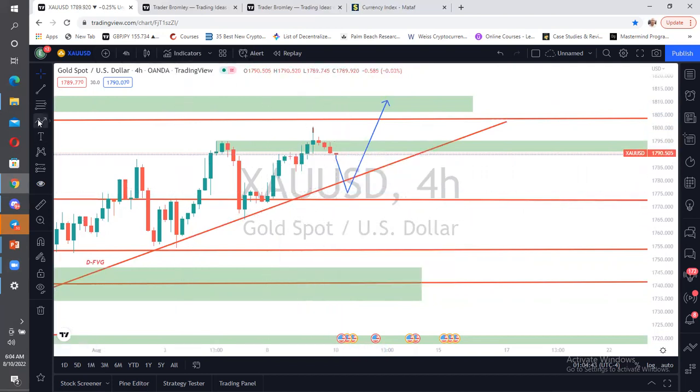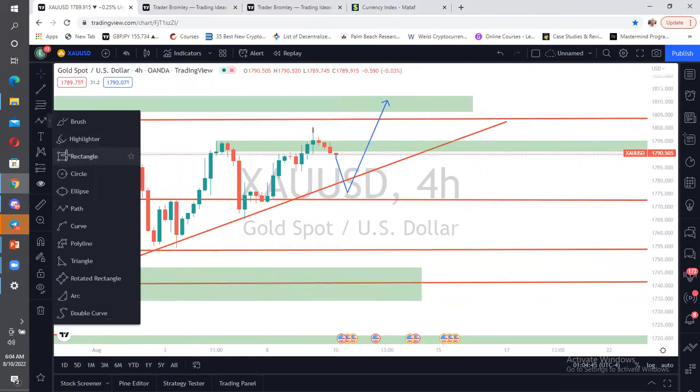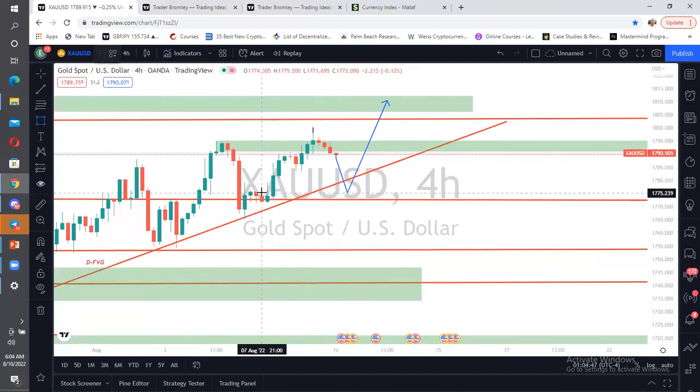This is what I was expecting from this particular pair. I'd like it to come down here, then flush this particular up here to this level. This is what I was expecting to see on this pair.